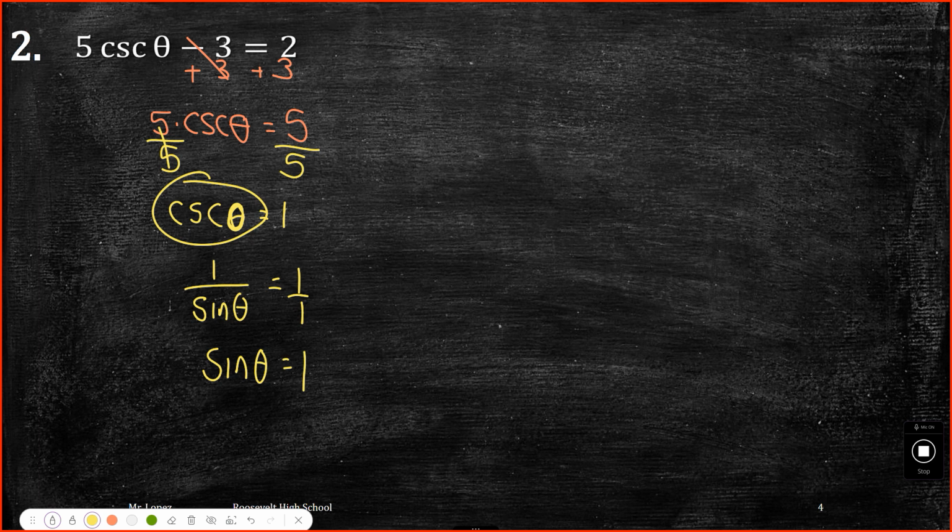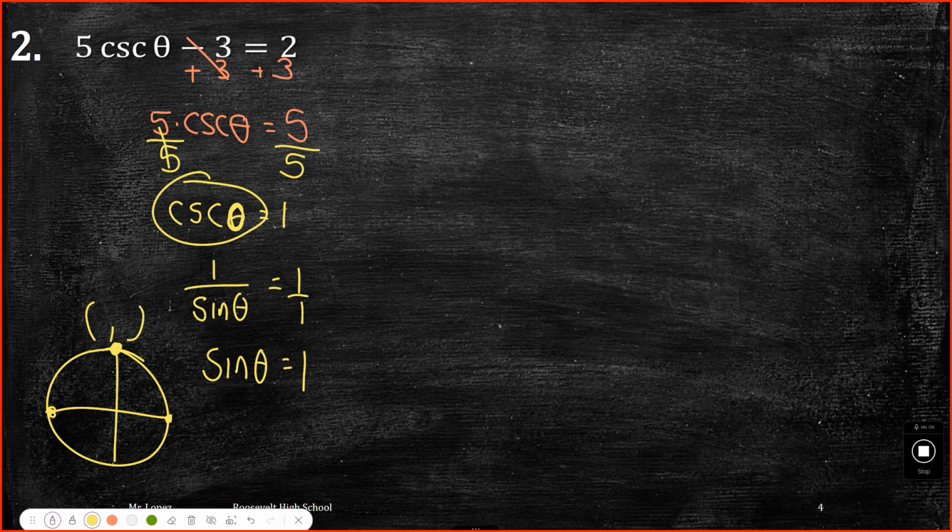Okay. So where's sine theta from 0 to 2 pi? This is from 0 to 2 pi. Where's sine theta equal to 1? Let me see. Where is it equal to 1? It's going to be here. No, that's not it. Oh, isn't it just here?